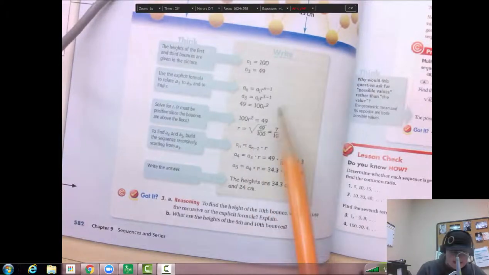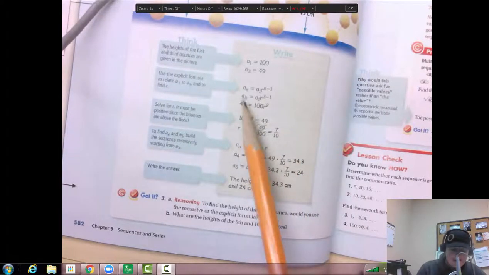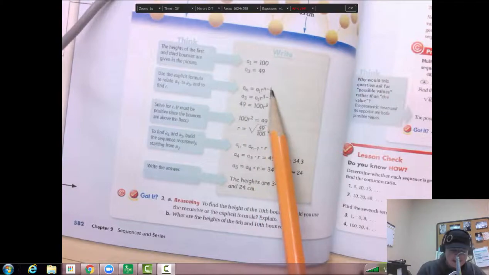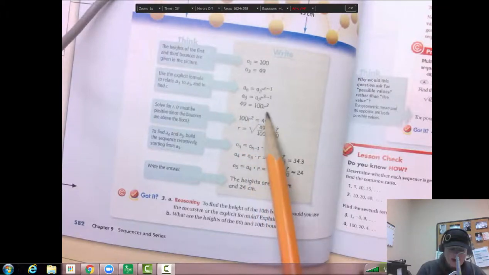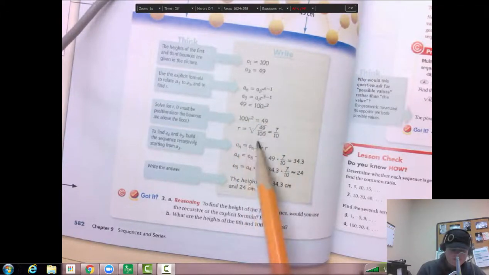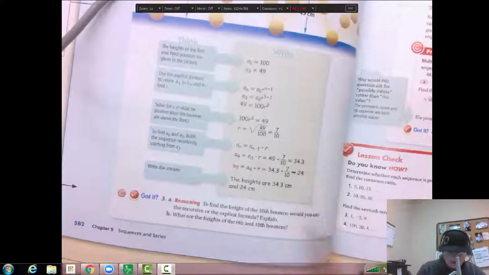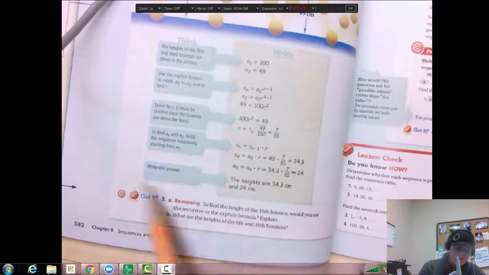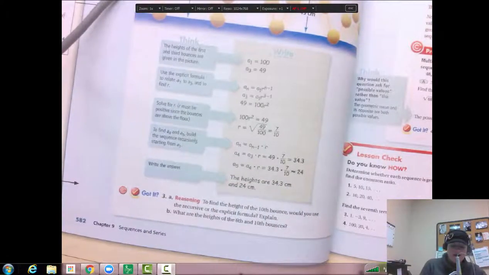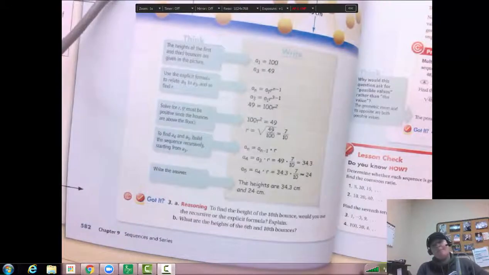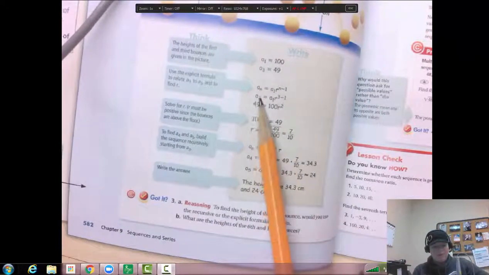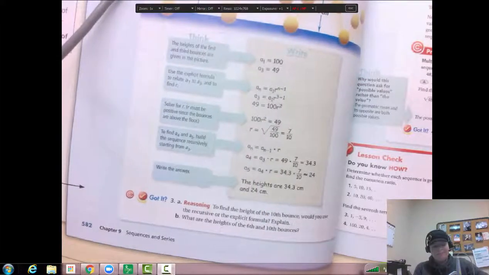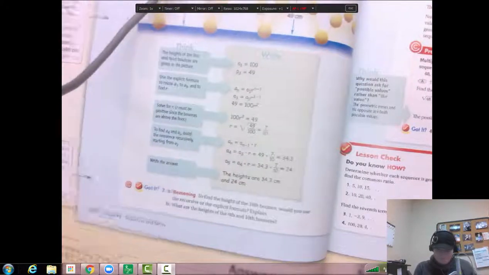All they did was know our general formula, put in a sub 3, substitute, and get back to the ratio R, and then write the general formula and work on other parts of it. I wanted to show you a problem where they walked through using that third term and that first term.